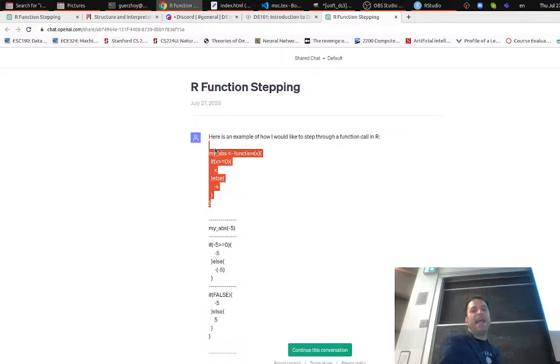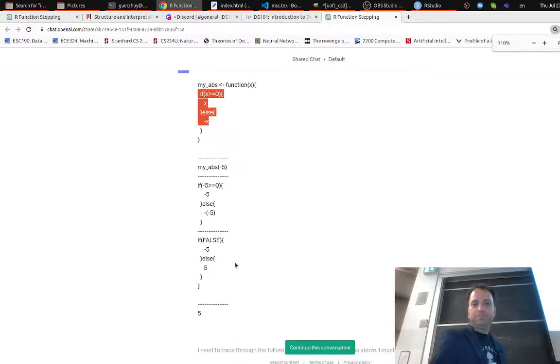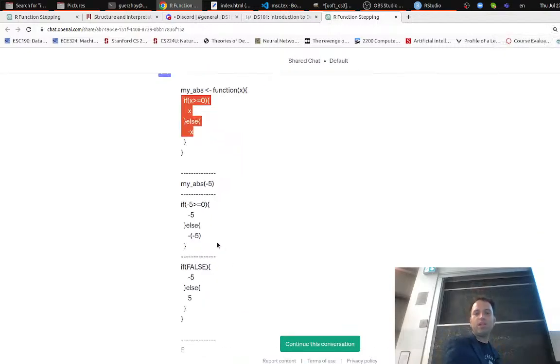So for my abs from last time, if I'm trying to step through my abs minus 5, well, that means that I'm substituting minus 5 into this chunk. And so I'm substituting. So now I'll evaluate this expression.